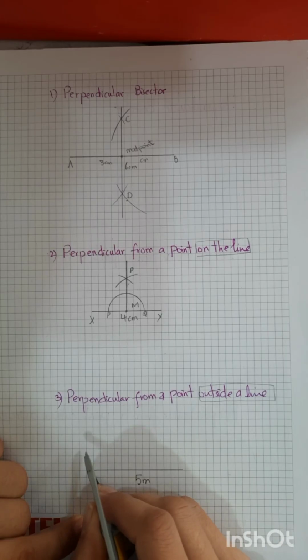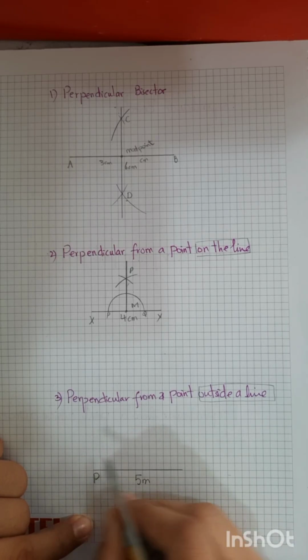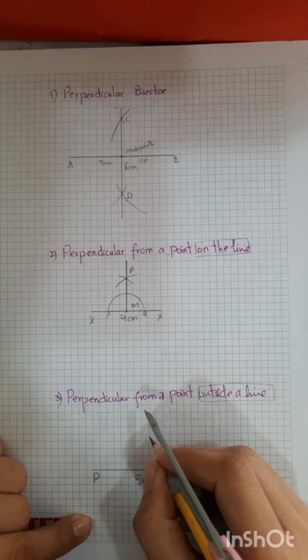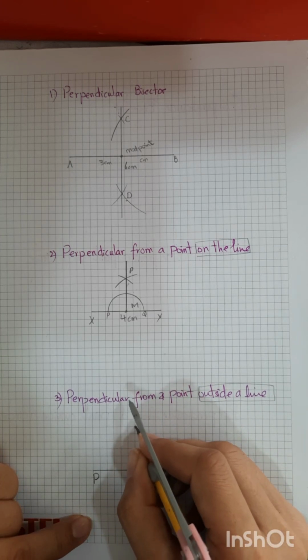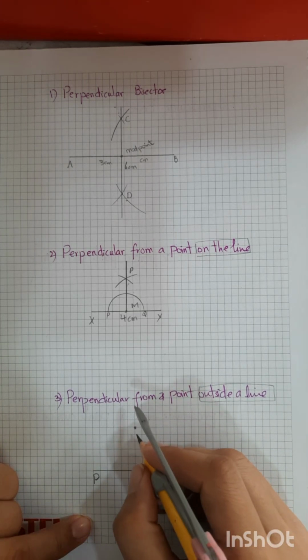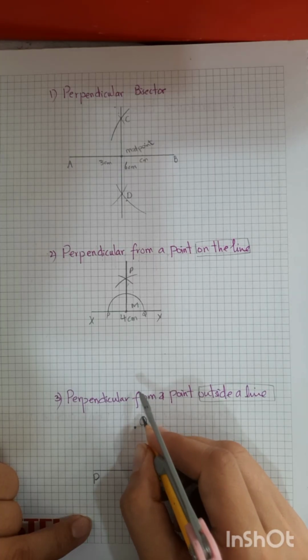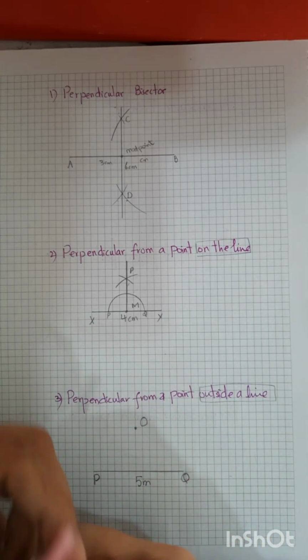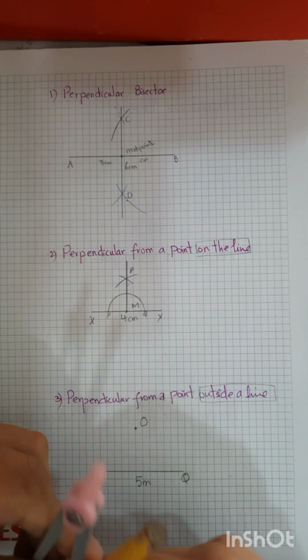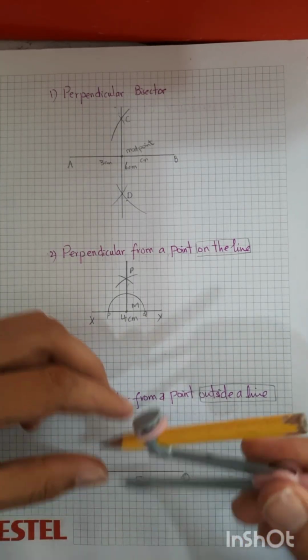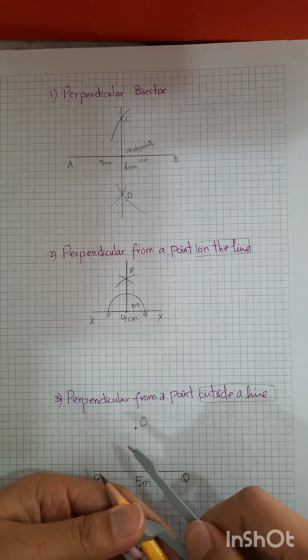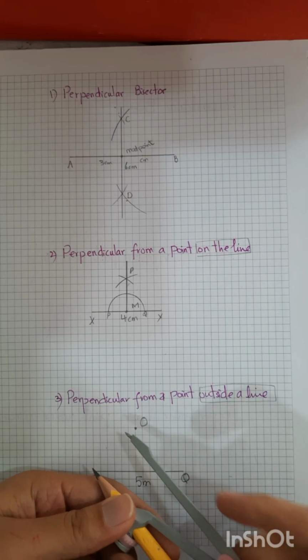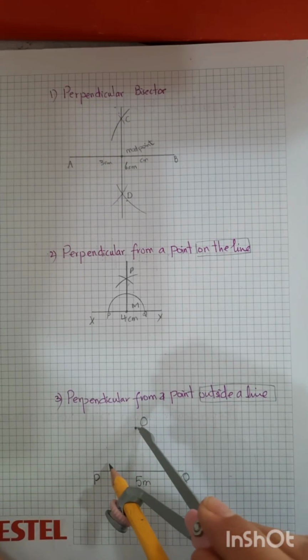Now it has been asked to take a point outside the line, so it's better to again take it in the center so that it's easier for you. Now mark this point as O, for example. Now you have to open your compass in such a way that it intersects 2 points on the line PQ.